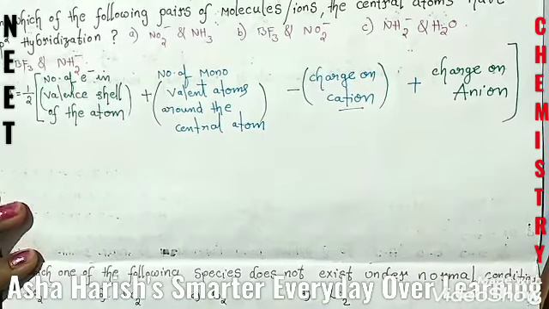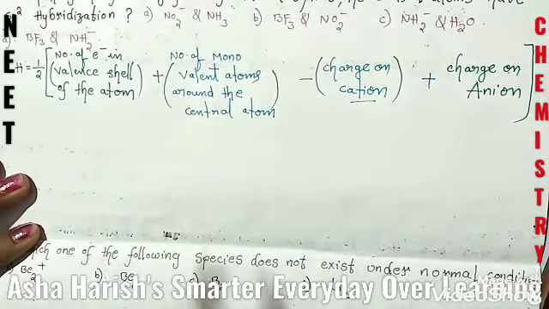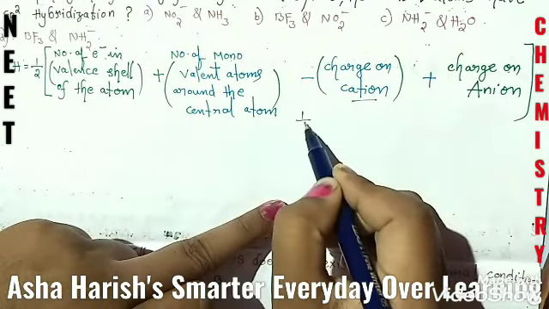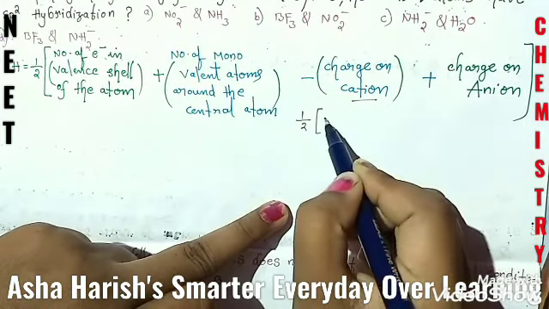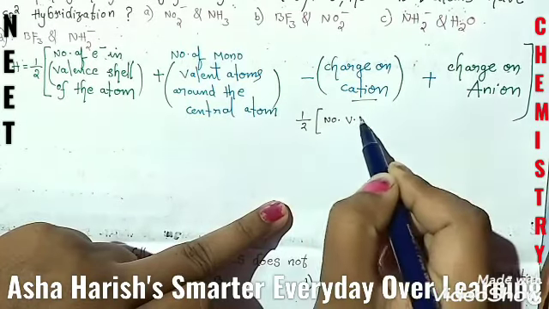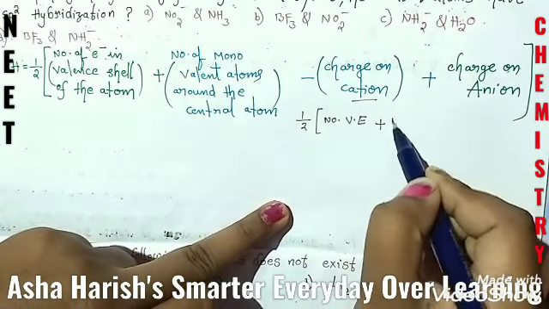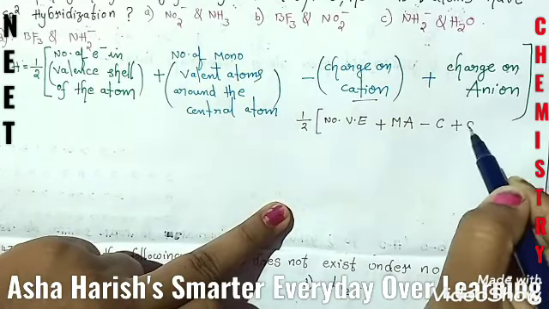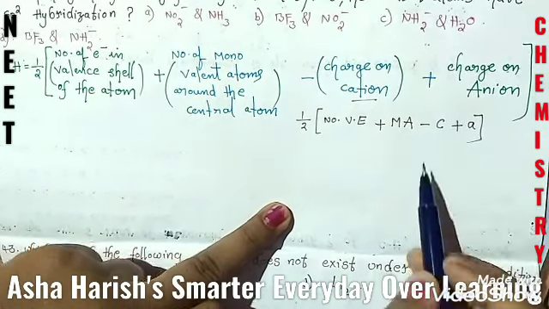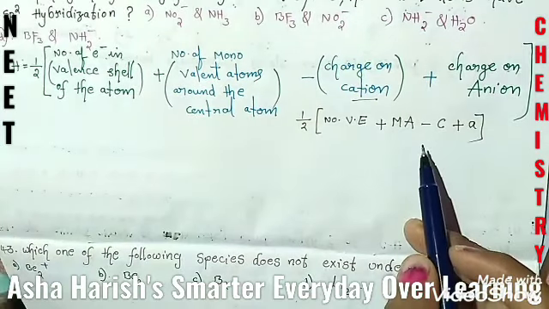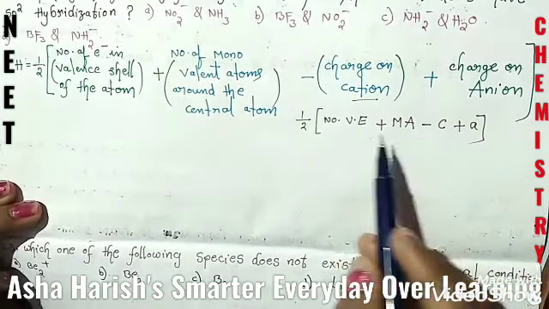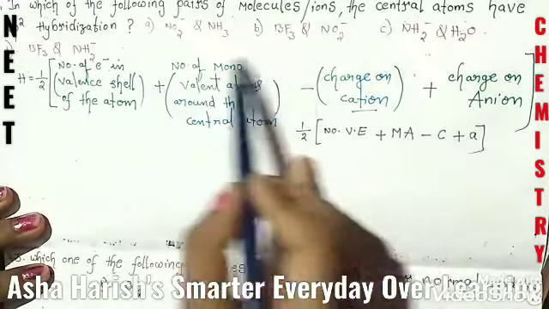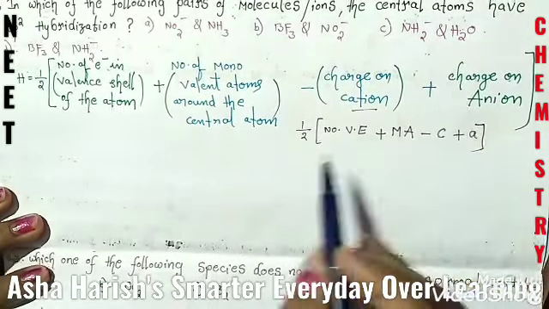Okay students, simply we can say the formula is half into number of valency electrons VE plus monovalent atoms Ma minus C plus A. This is just a shorthand notation of this formula. Basing upon this, we need to calculate the type of hybridization for all of these options. Let's see one by one.